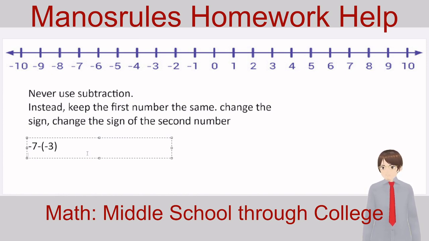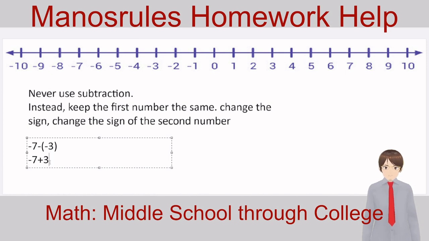Now, there's a lot of minus signs all over the place, but remember, -7 stays the same. Subtraction becomes addition. The -3 is negative, so you make it positive. And there you have it.